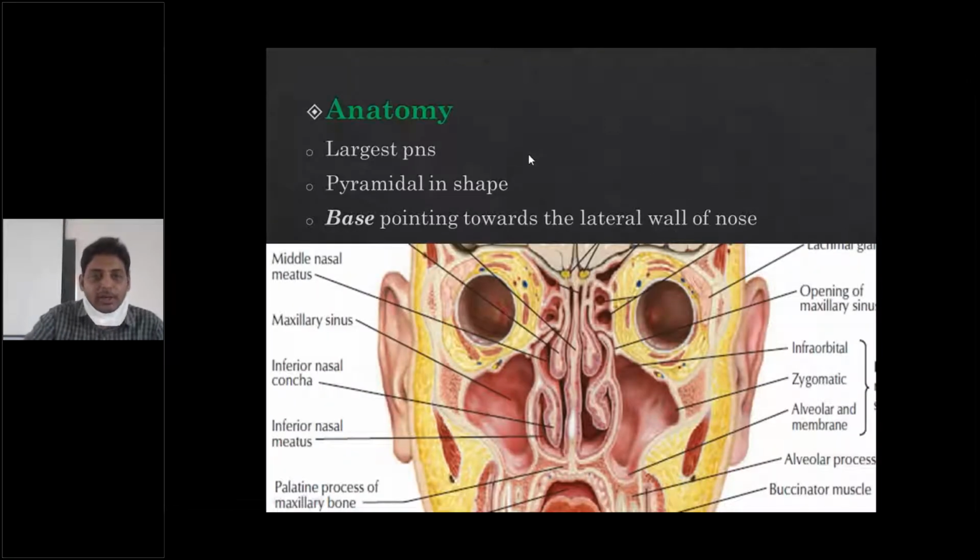Coming to the anatomy part, as you all know, anatomy is a somewhat dry subject, so bear with me. Among the 4 sinuses, the largest paranasal sinus is the maxillary sinus.